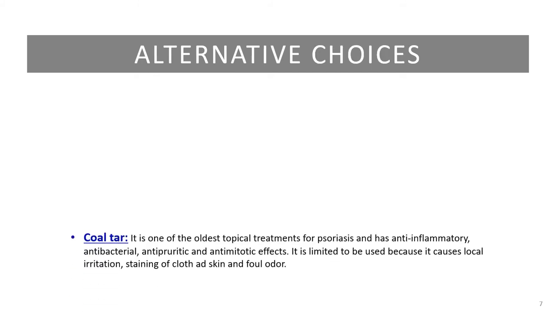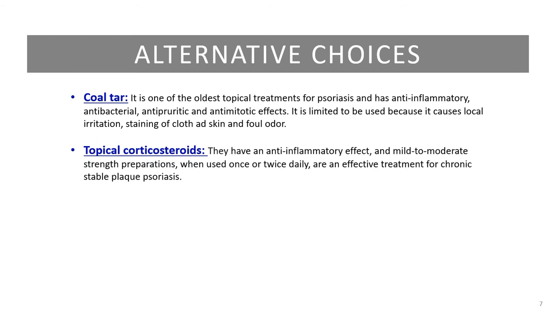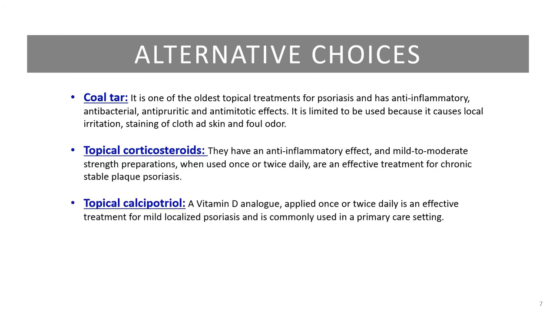Now the alternative choices: we have coal tar, some topical corticosteroids, and topical calcipotriol. These are all topically applied medications, as psoriasis is caused on the skin. So when we initiate a treatment, we start with topical medications.